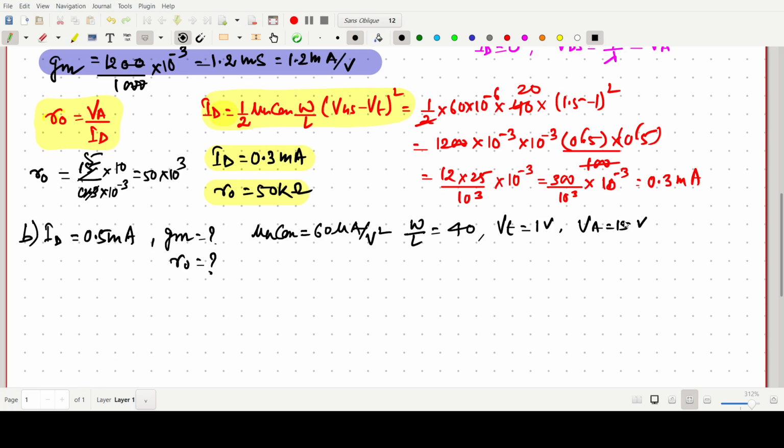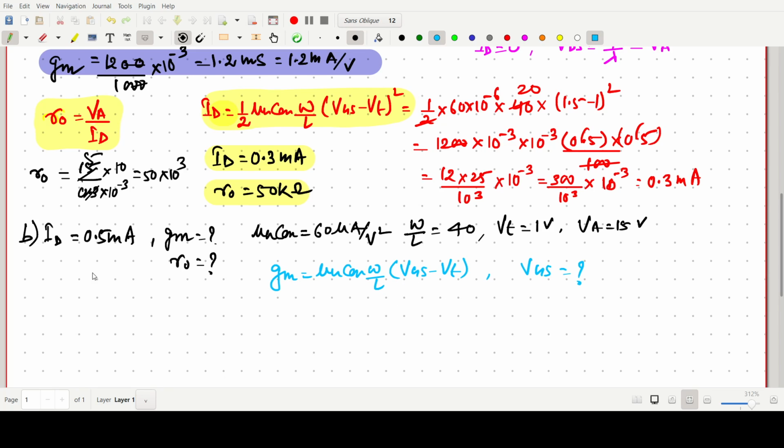So the thing that is missing is our VGS, because if we write the gm formula, it should be mu n Cox W by L (VGS minus Vt). So here VGS is unknown, so we have to find VGS.